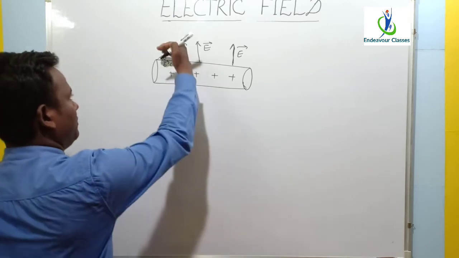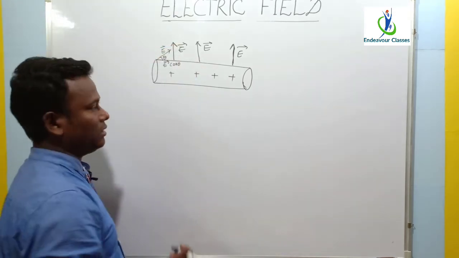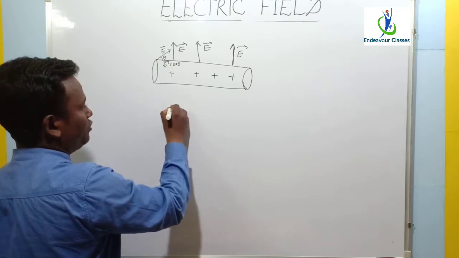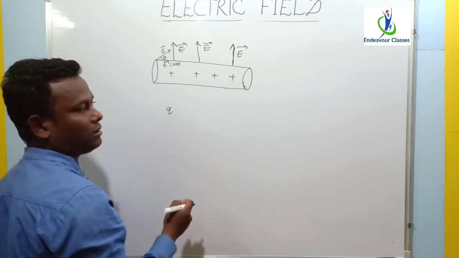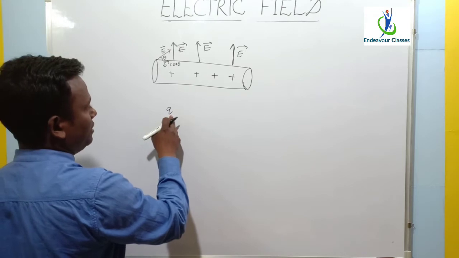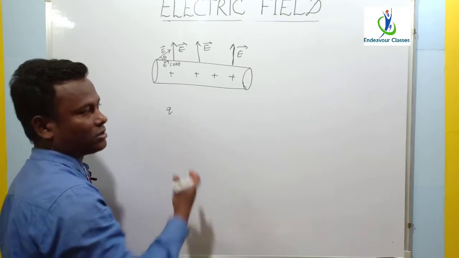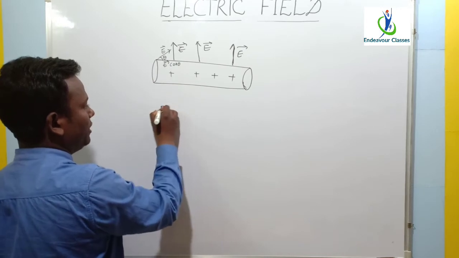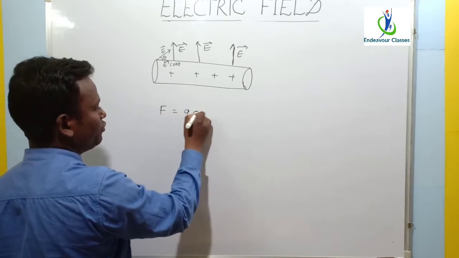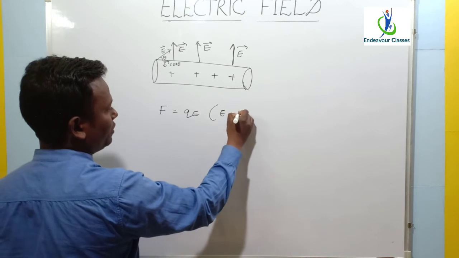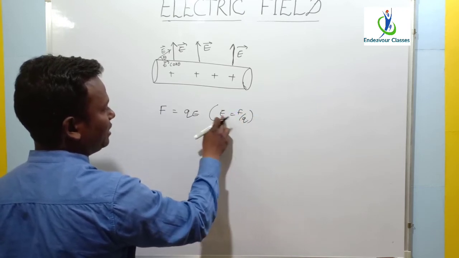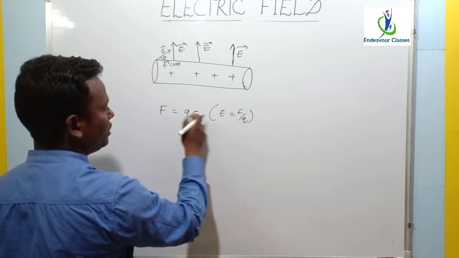Then due to this component, if Q amount of charge is there inside the conductor, this Q will experience a force due to the component of the electric field. We know that E is equal to F by Q, so the force experienced by a charged particle in an electric field is F equals QE.